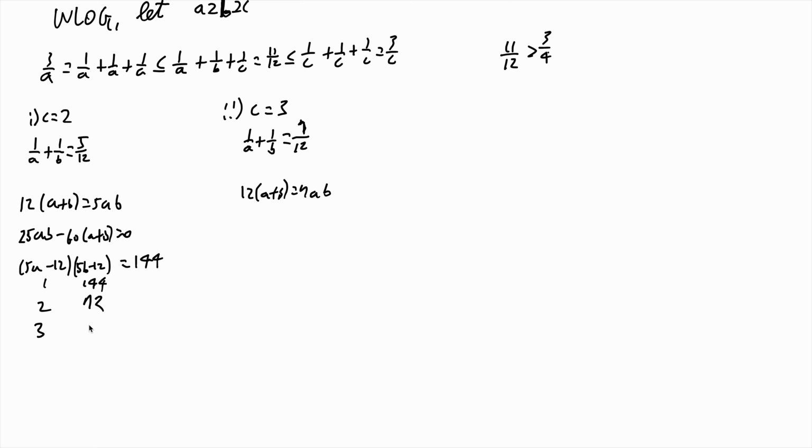Wait, what do we get? It should not be 46, it doesn't make sense. 23 does not divide this number. Oh my goodness. It's 12 times 3, so 36. 6 times 4 is 24.